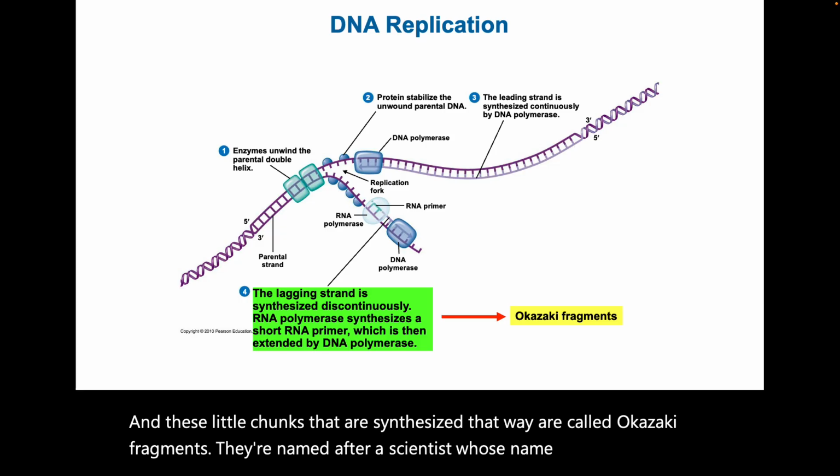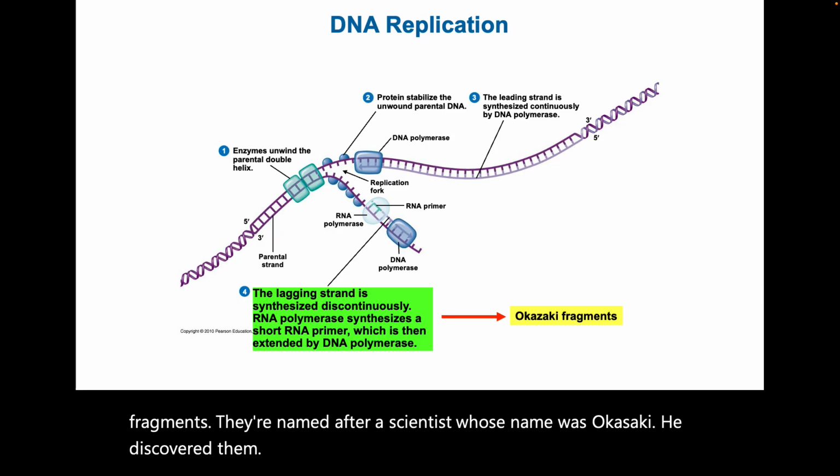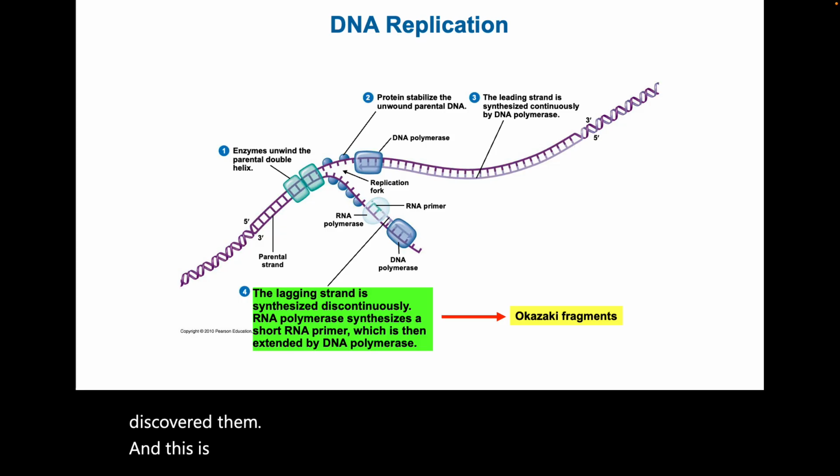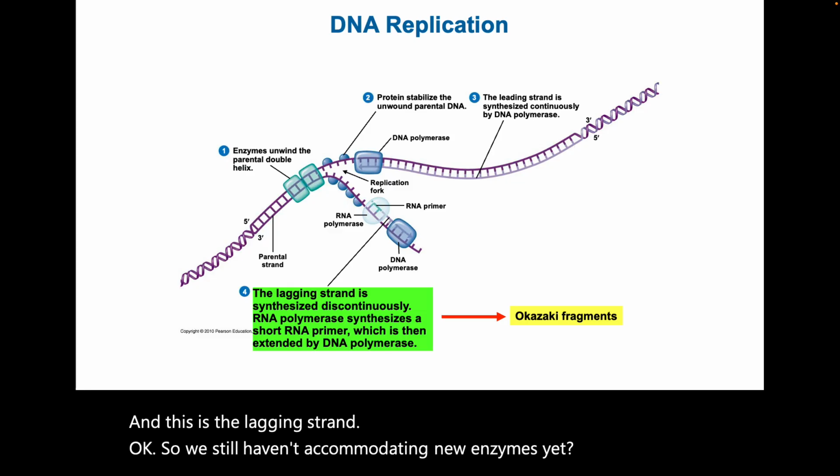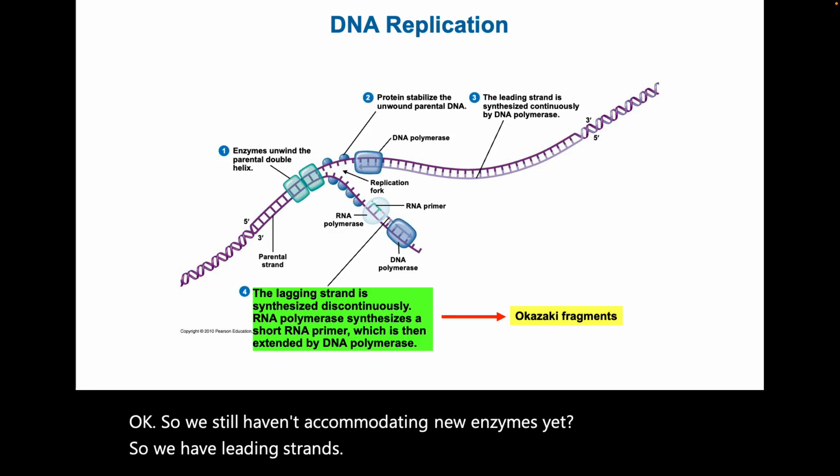He discovered them. And this is the lagging strand. Okay, so we still haven't come into any new enzymes yet. So we have leading strands, we have lagging strands. We have RNA primers everywhere.